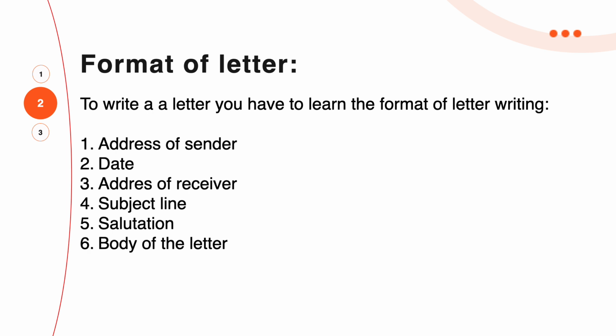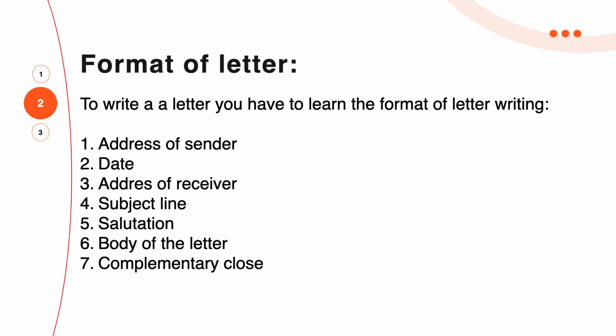And then the sixth is the body of the letter. You start the letter writing after writing the address of sender, date, address of receiver, subject line, salutation. So seventh is complimentary closure.